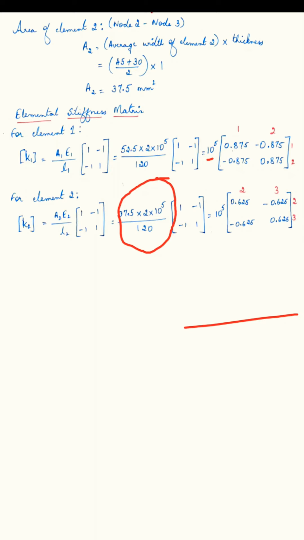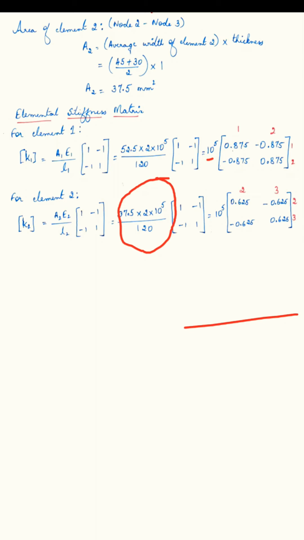The remaining term after taking 10 to the power of 5 common is 0.625. So 10 to the power of 5 into 0.625 times the 1 minus 1 minus 1 1 matrix gives 10 to the power of 5 multiplied by the matrix 0.625 minus 0.625 minus 0.625 and 0.625. So this is the elemental stiffness matrix for element 2. Since there are only two elements, we will not calculate any further elemental matrices.